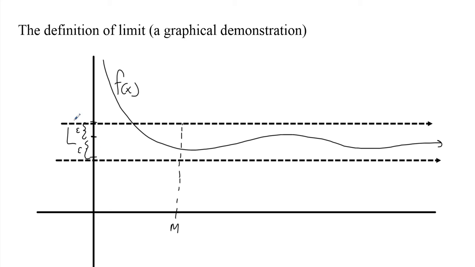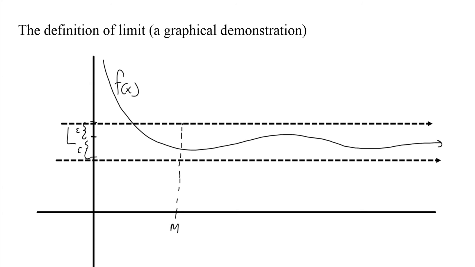And so we can pick some epsilon bigger, we can make some epsilon smaller. In this particular case, if I pick epsilon to be bigger, I might have to have my M a little closer to the origin. If I make my epsilon a little smaller, I might have to move my M a little further out.